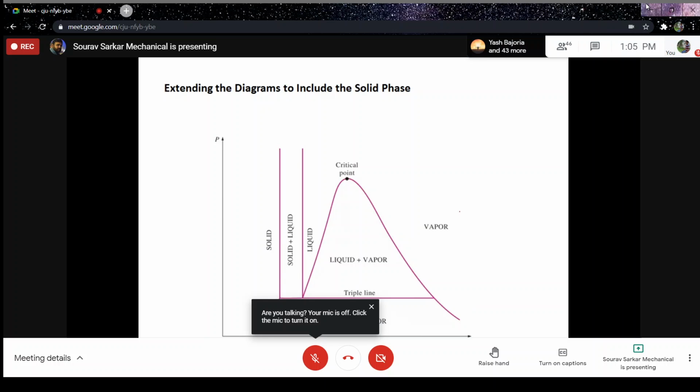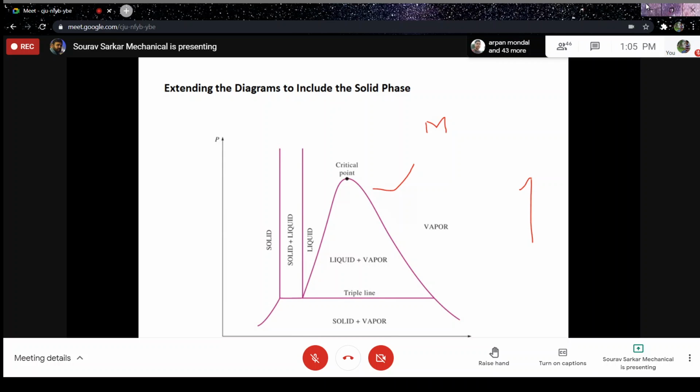So this diagram is valid for a metal or substances that expand continuously when we heat them, because this is the volume. You started with solid, then the specific volume increases, it became solid plus liquid.